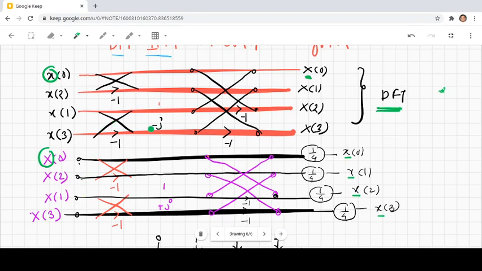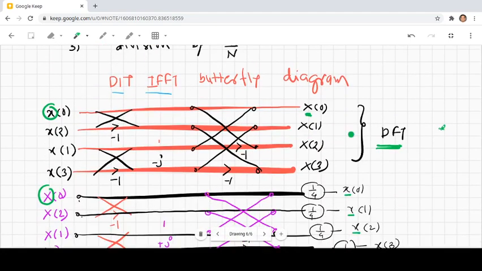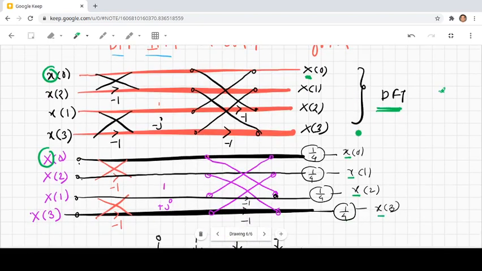Then the second change is use complex conjugate terms, and you remember in a 4-point DFT there is only one complex term, that is minus j, and you have to replace it by plus j. That is the second change. And what is the third change?